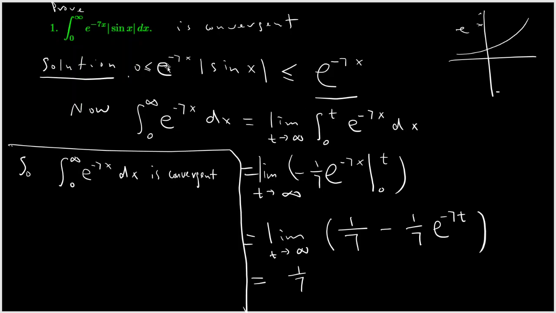Now look at the first line. Now look at my mouse cursor. Both functions are non-negative. The bigger function is convergent, so the smaller function is also convergent.